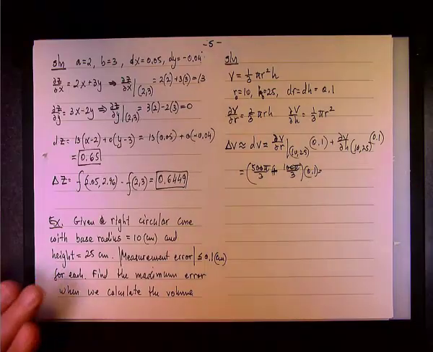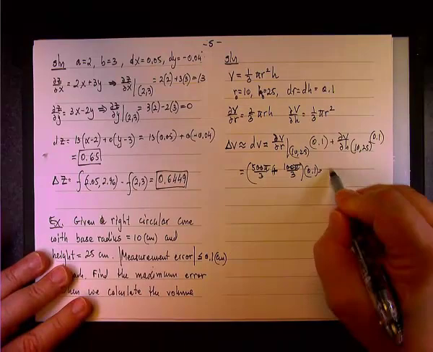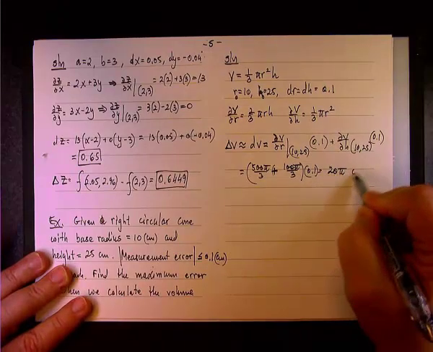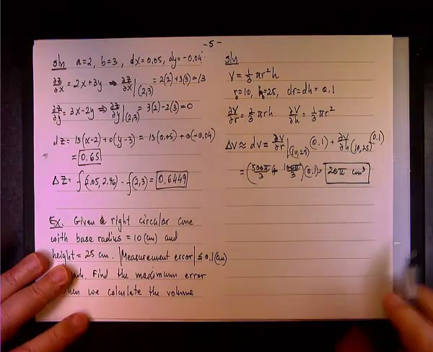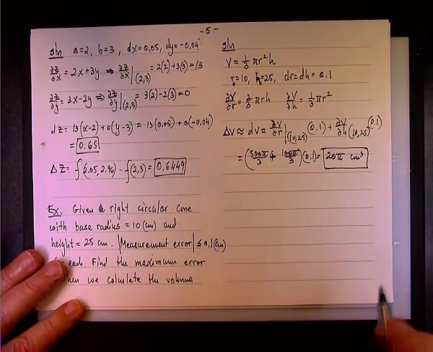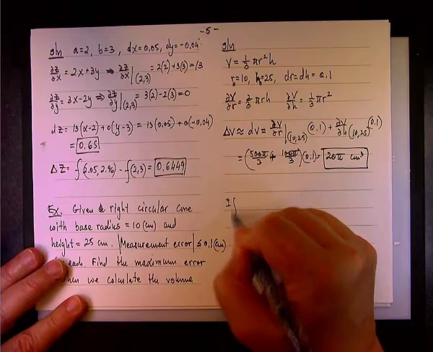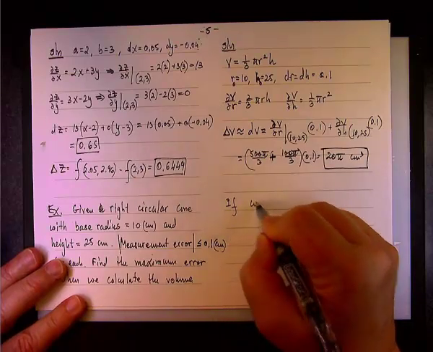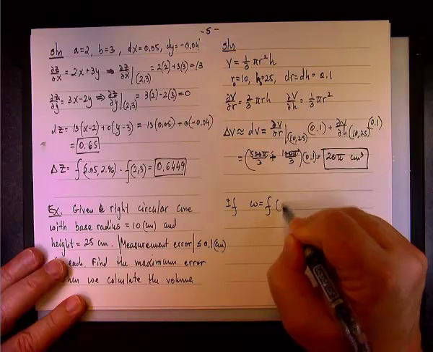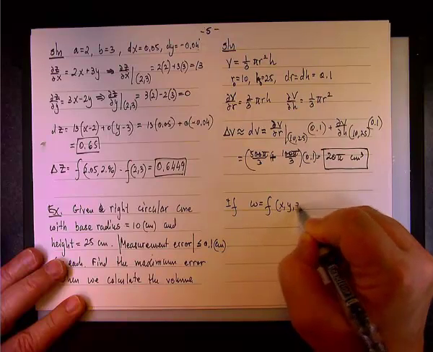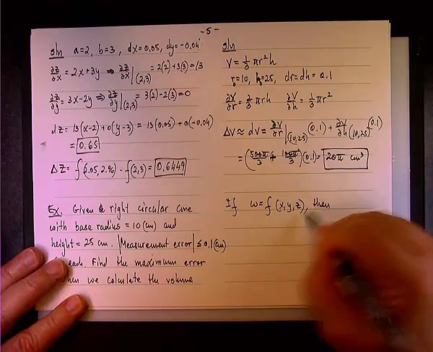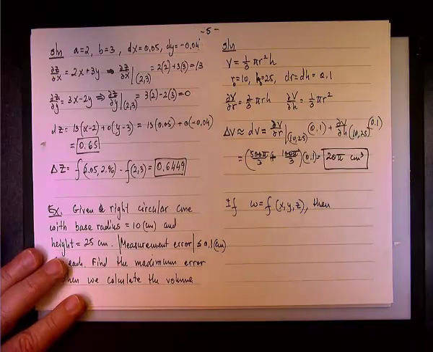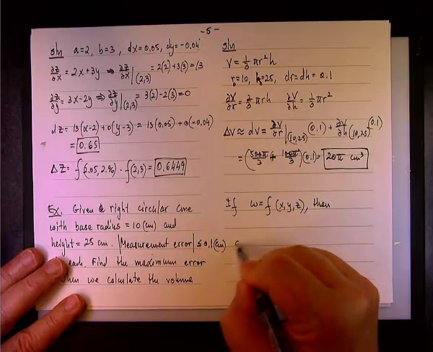So we have 500 pi divided by 3 plus 100 pi over 3. Everything is multiplied by 0.1. So we have 600 pi divided by 3, or 200 pi times 0.1, it's 20 pi cubic centimeters. Okay? That's the error in measurement.